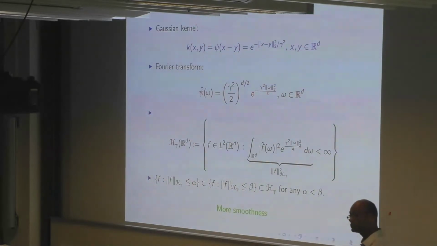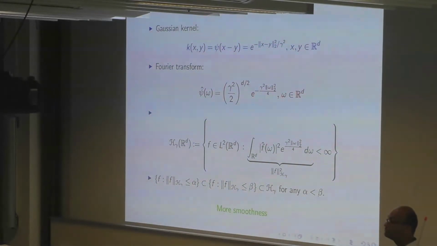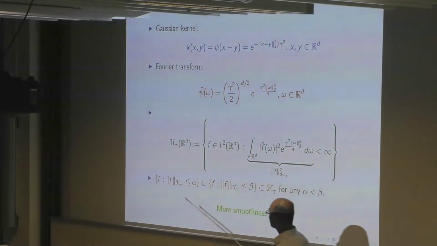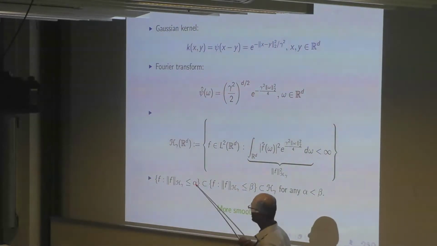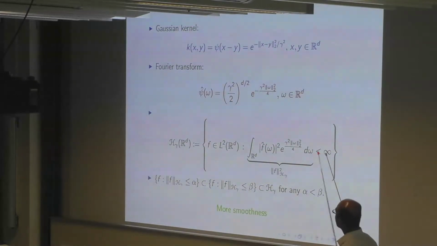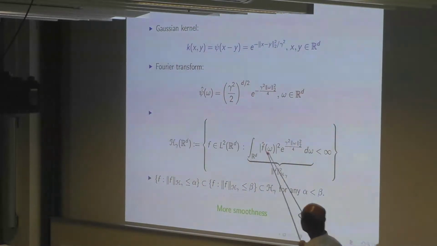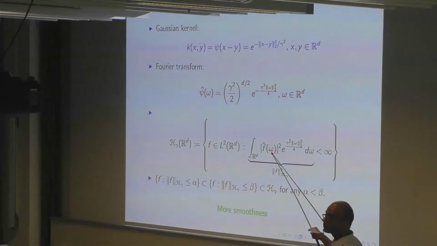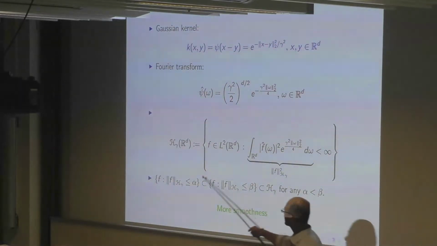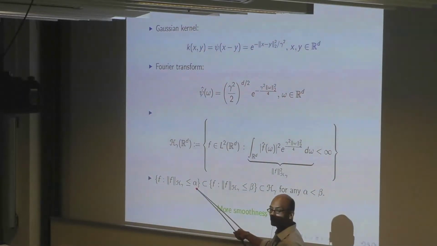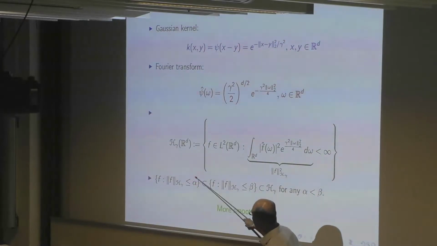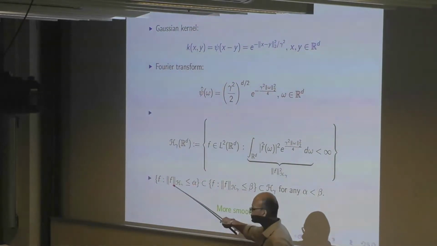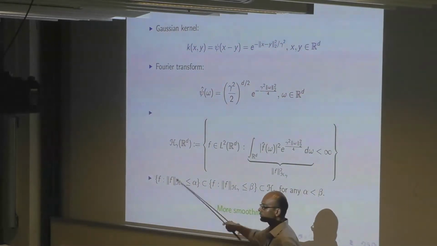Does that enforce more smoothness? It should. Because if I'm saying my norm is less than some alpha, I need to have these functions go to 0 even faster such that this norm is less than alpha. So the smaller the norm of the functions, the smoother are the functions that I'm considering.